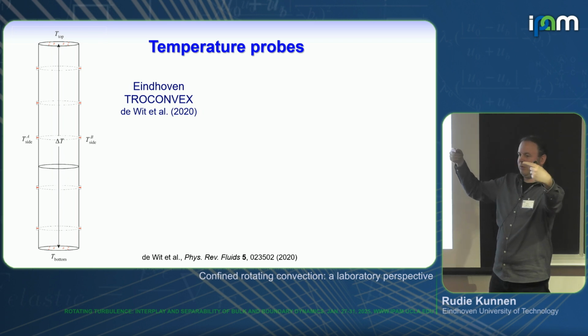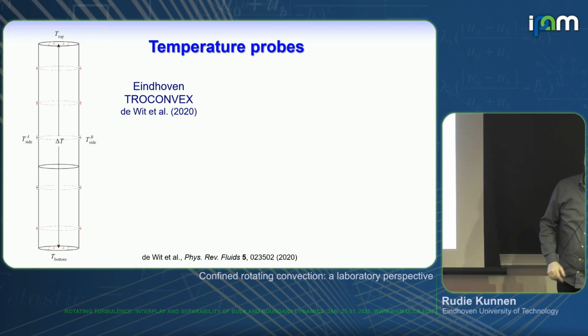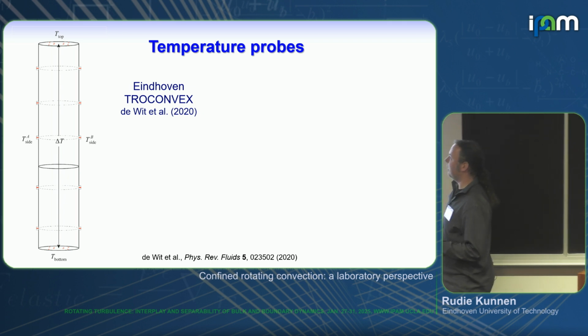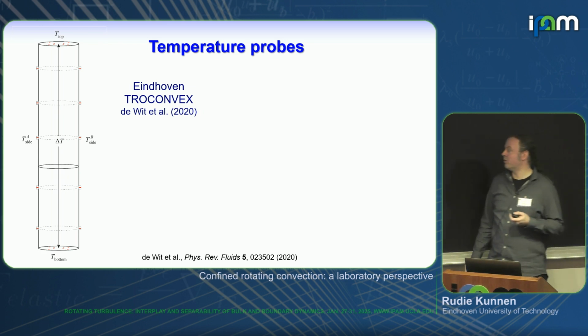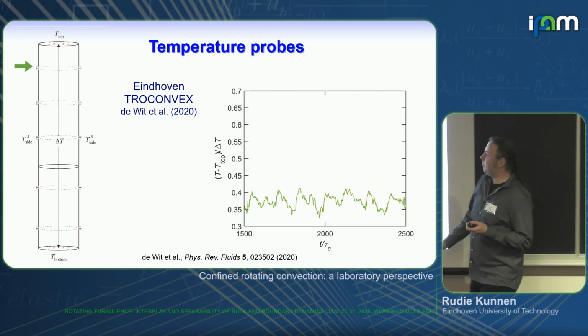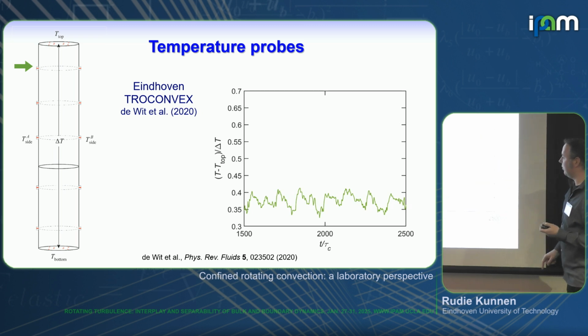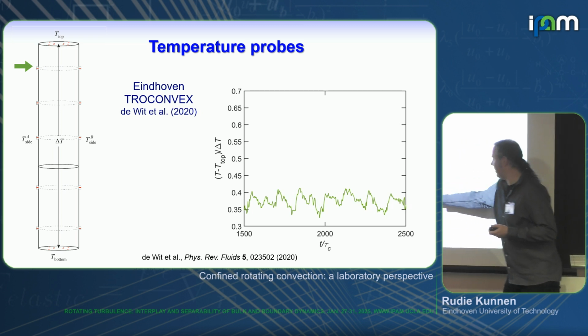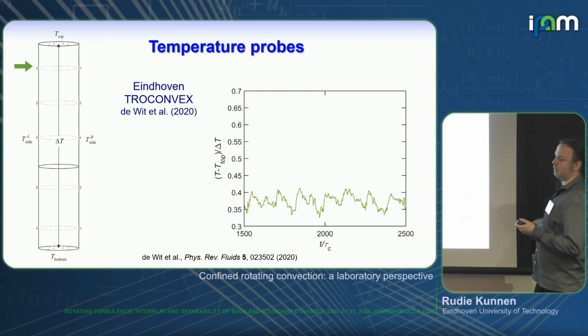We only had 2 on opposite sides of the cylinder, but at several different heights. But it turns out that you can still recognize the wall mode signature from these measurements. As an example, I plotted a temperature signal from the thermistor at the top left, and it looks something like this. It's a bit erratic, but there's still some kind of periodicity to it.